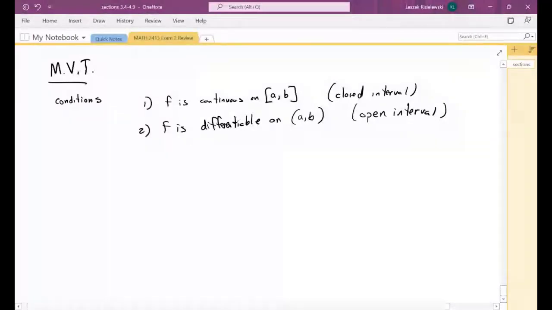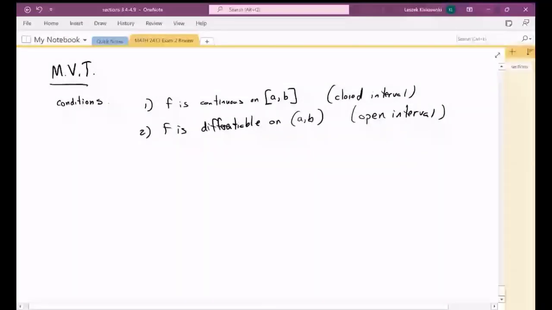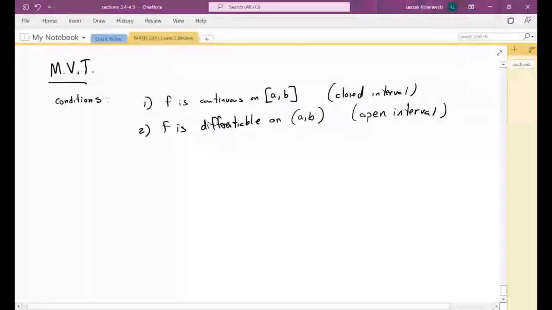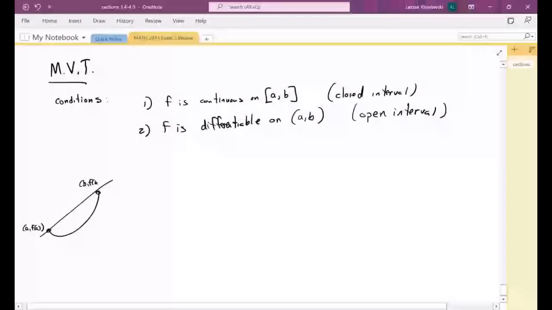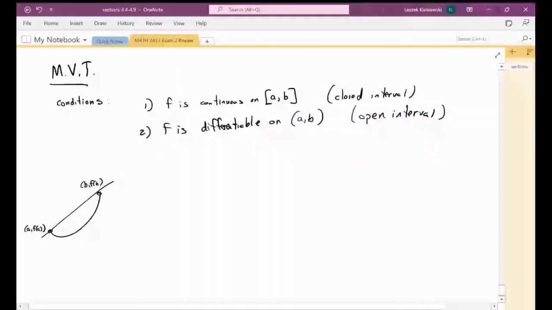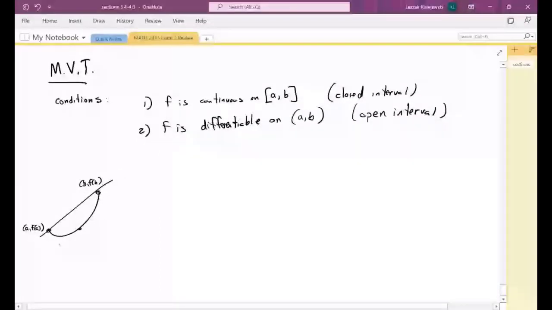And then mean value theorem applies, and what does it tell you? It just tells you that the slope of the secant line through 2 points is equal to the slope of a tangent line for some point in between, right?